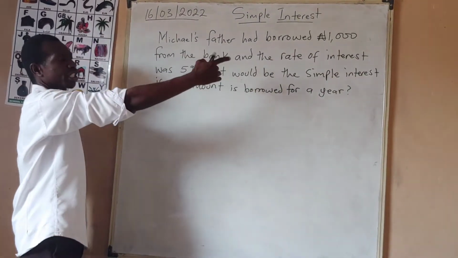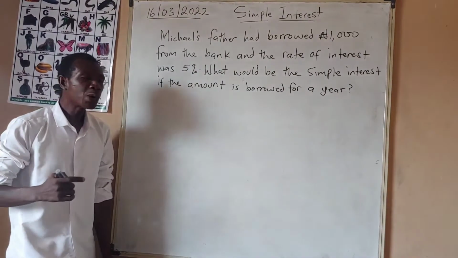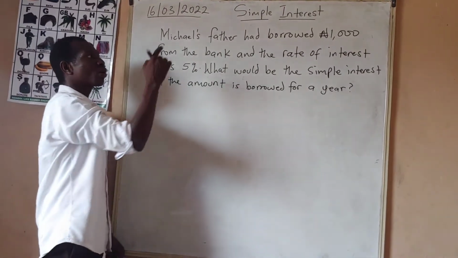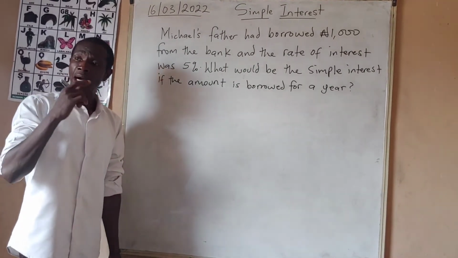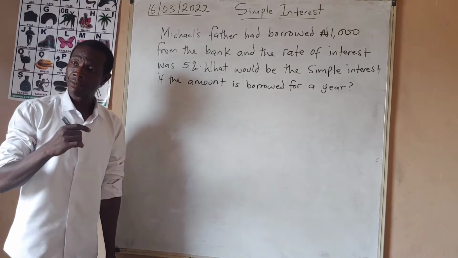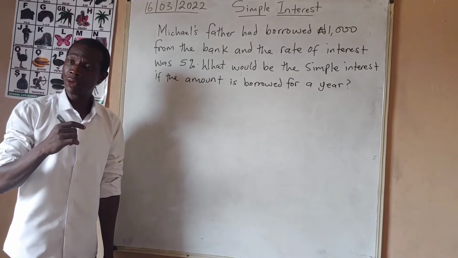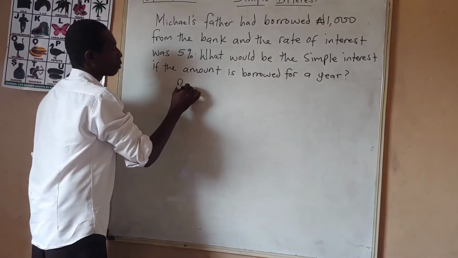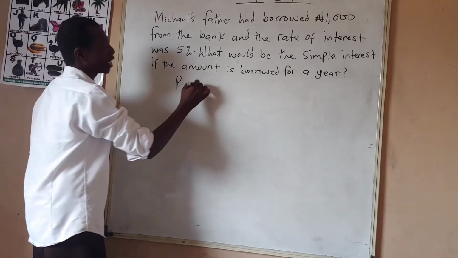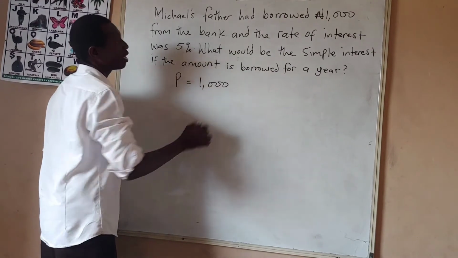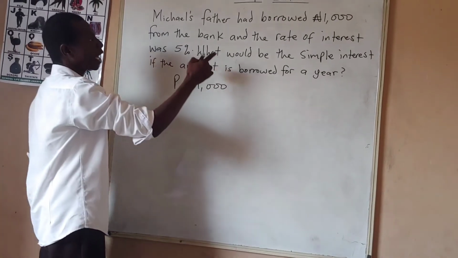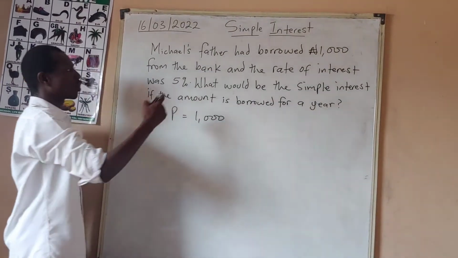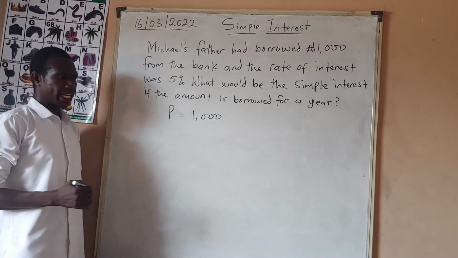Michael's father, how much did he borrow? 1,000 naira. And what is the borrowed amount? What do we call it? We call it the principal. Good. The principal amount borrowed is 1,000 naira from the bank, and the rate of interest was 5%.